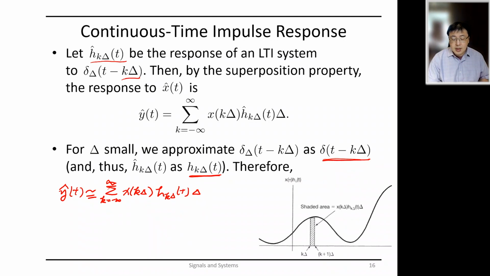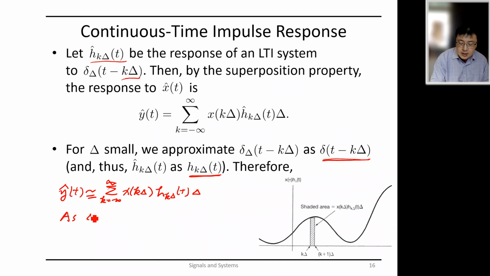Then as delta goes to 0, this summation here, which you can essentially view as a Riemann sum, converges to the Riemann integral, right?